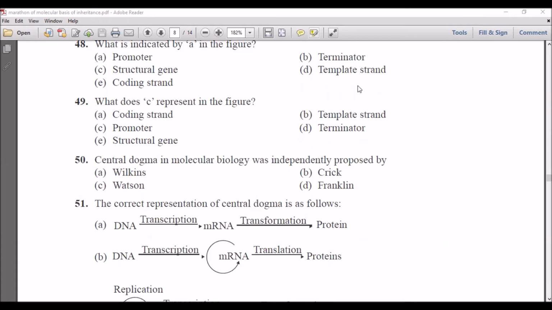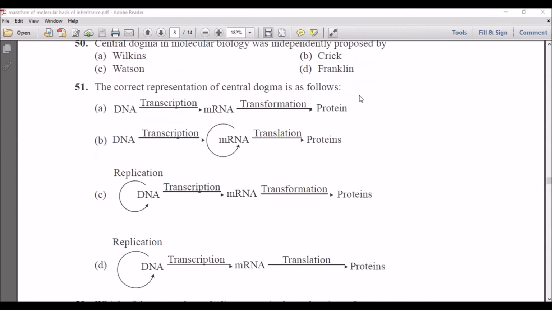These are the 4 options given and we have to identify the correct representation. DNA is converted to mRNA and mRNA is transformed into protein. Next is replication is occurring.